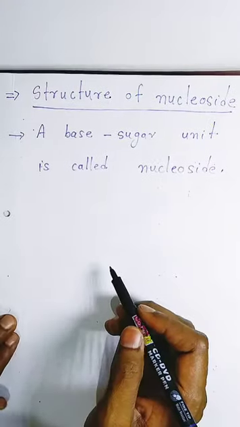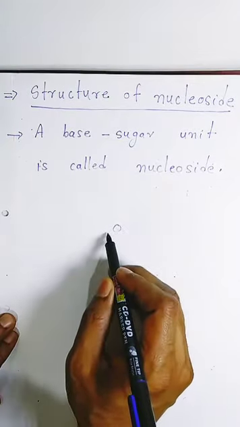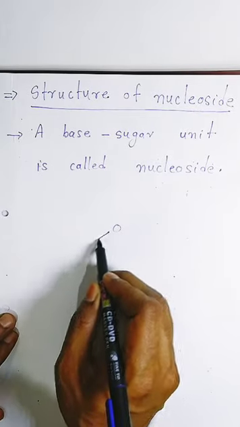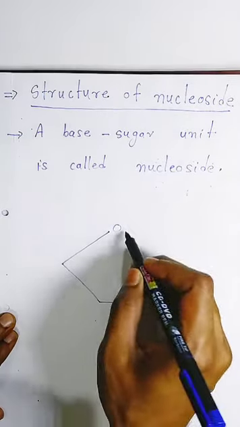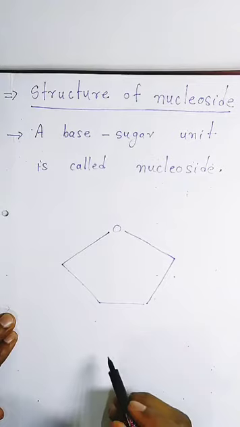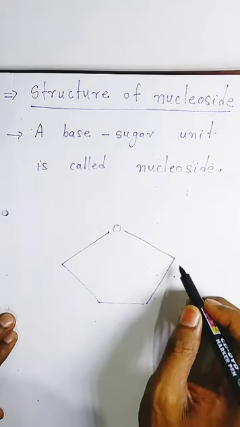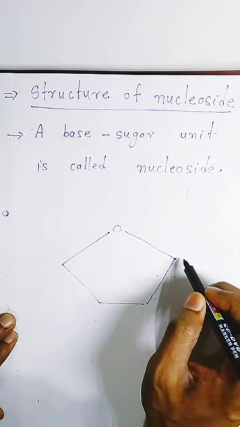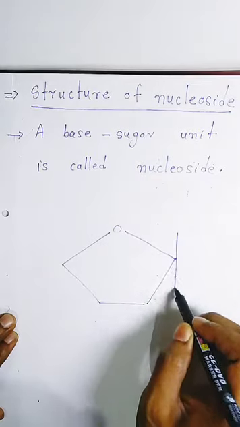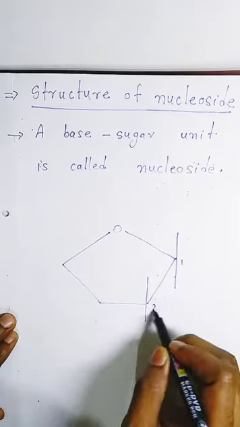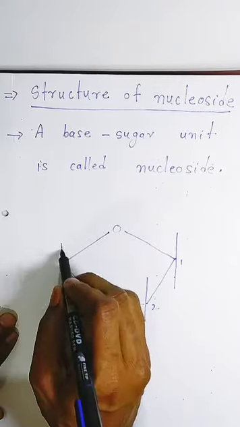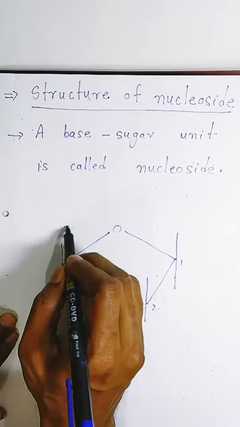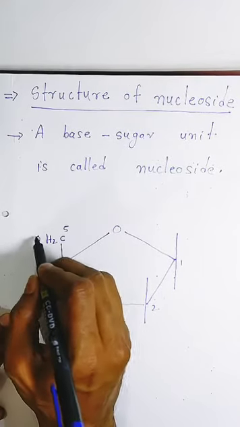Now how are we going to write the structure, students? First make the furanose ring like this. This is the furanose ring. Now this is the first carbon, second carbon, third carbon, and this is the fourth carbon, and the fifth carbon will be here, CH2OH.